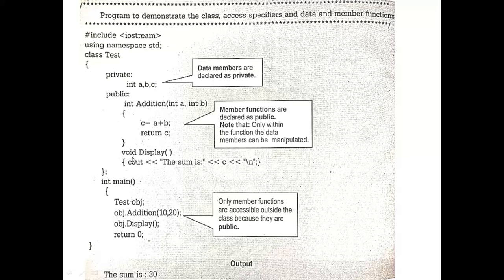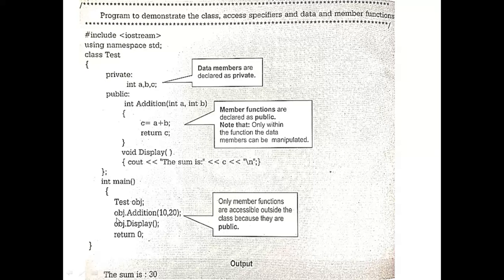After the function is finished, another function called as display is declared, and in display the cout is used, where we are displaying the value of c variable, and here the class test ends. In the main function we have created an object of class test using test obj, where obj is the object of class test.